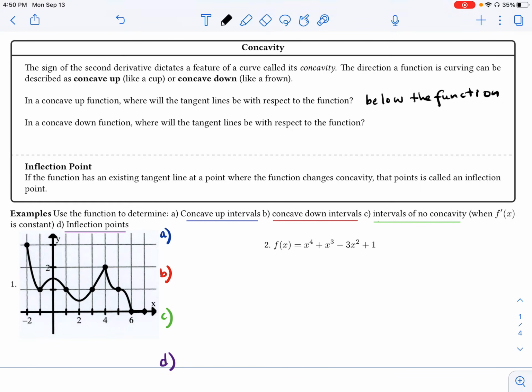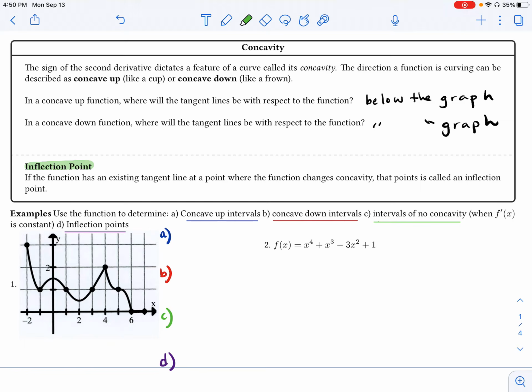And in a concave down function, the tangent lines are going to be above the function's graph. Well, maybe we should say graph instead of the function. That might be a little bit easier for us to process. Above the graph, okay? Now, when a function changes its concavity, we call that an inflection point.